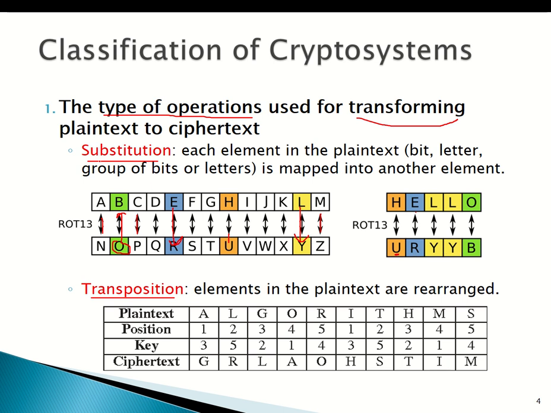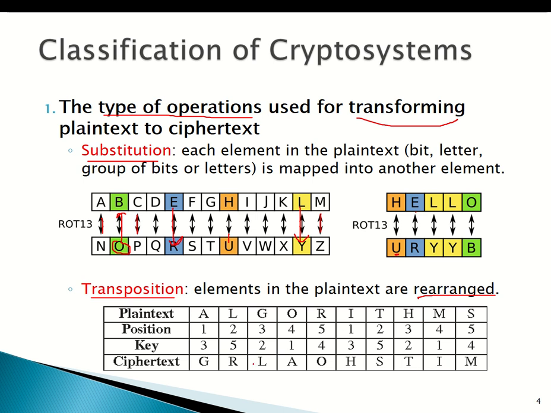This is called substitution. It's basically mapping letters to each other based on something. Transposition is different. Transposition is about rearranging the letters in a different way. So if you have this text, for example, algorithms, the letter A is in position 1, letter L in position 2, and 3, 4, 5, 6, and so on. So what you do exactly, you have a key and you say the key is position number 3, 5, 2, and so on.